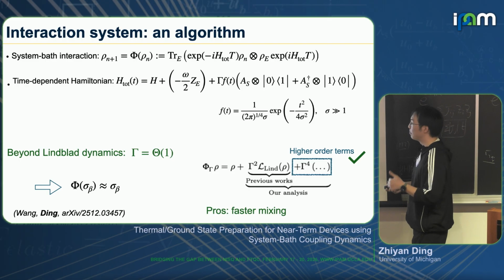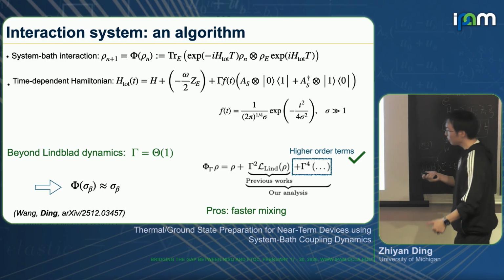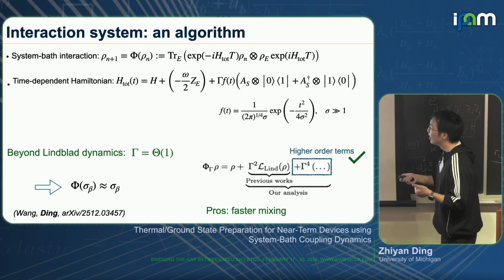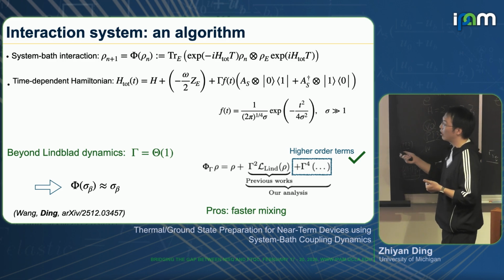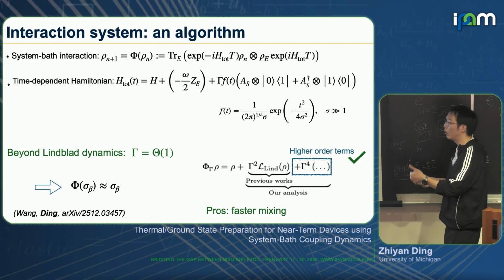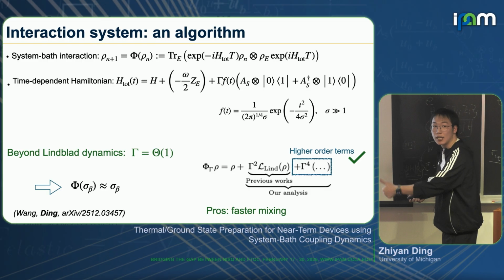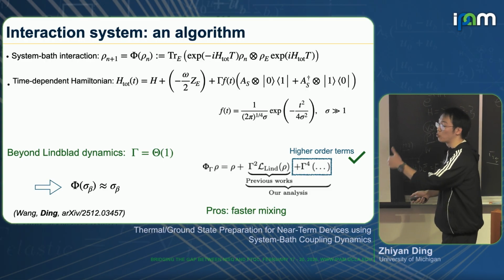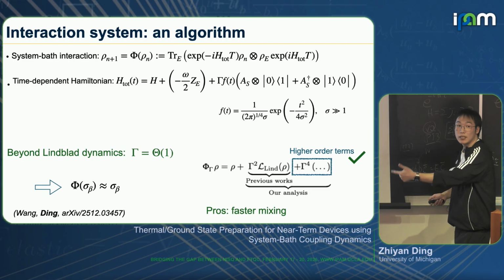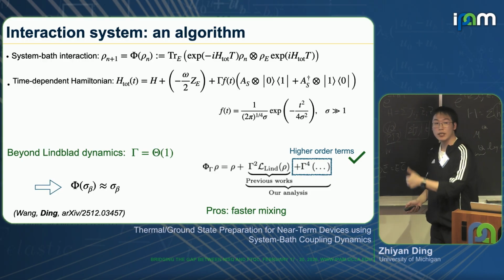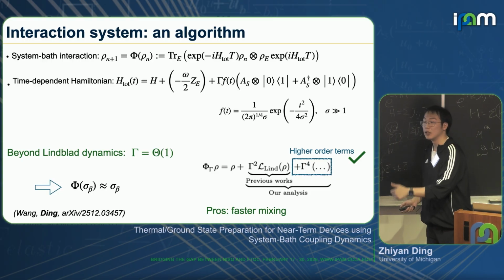So when I study my quantum channel phi, I can also take all of these high order terms into consideration, and I can show that they are okay in my analysis, meaning that they can still fix the correct target state, the thermal state or the ground state. So this algorithm can theoretically go beyond the Lindblad dynamics, and we no longer require weak interaction between system and bus.